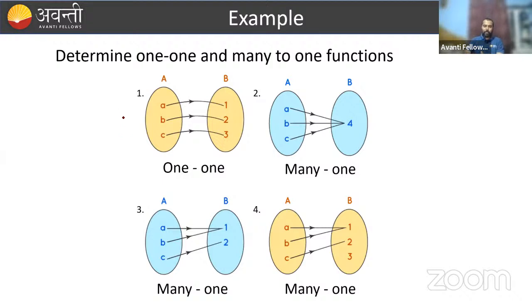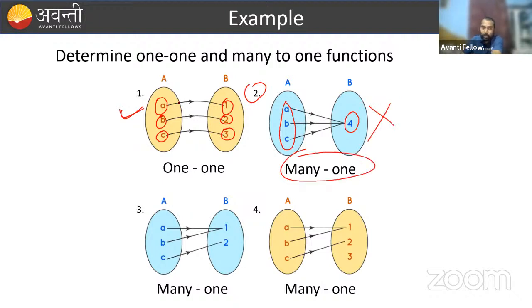First is 1-1 because each element of set A has a different element in set B. But in the second example, you can observe all 3 elements of set A have the same image in set B. That's why it is not 1-1, it's many to 1. Here we are getting mapping 1 to 1, but here we are getting many to 1.